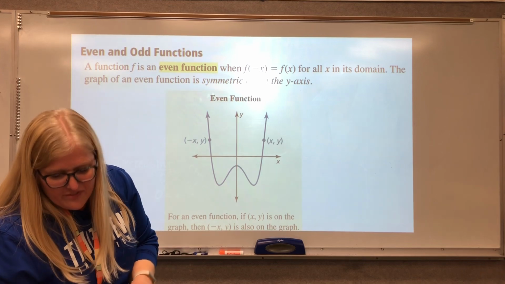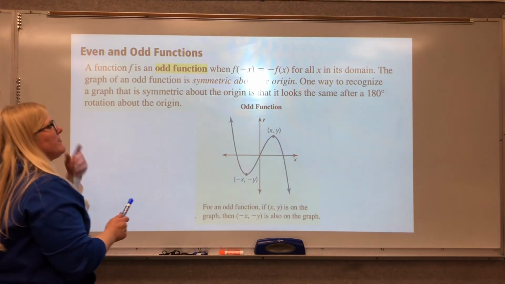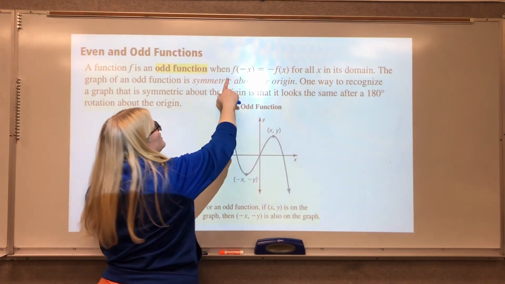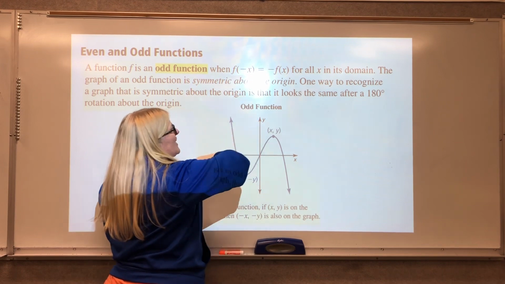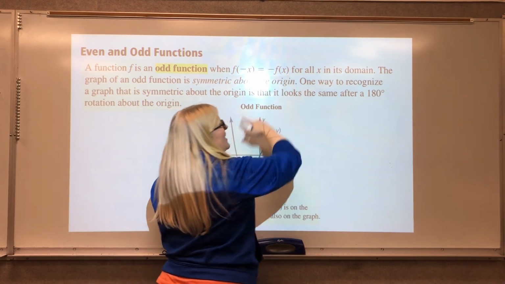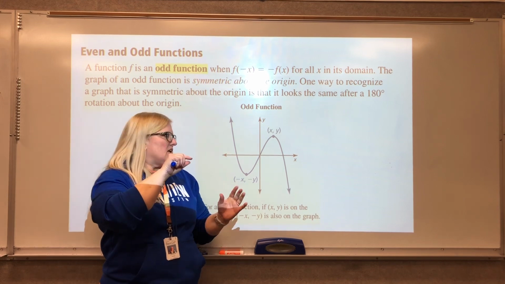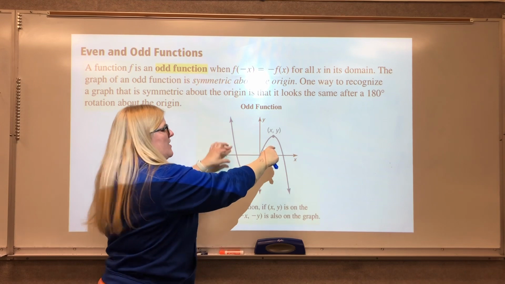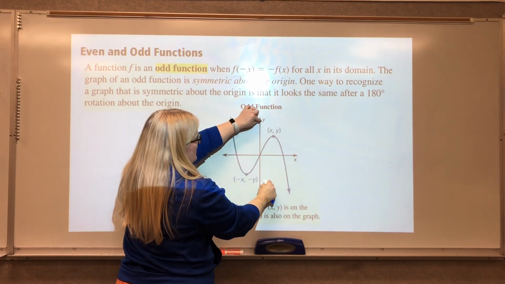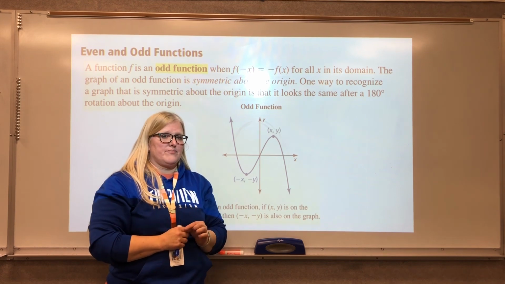All right, an odd function is a little harder. An odd function is when your reflection in the y-axis equals your reflection in the x-axis. And it looks like you can take the function and rotate it 180 degrees and it will look the same.